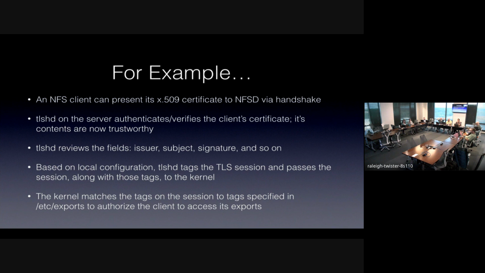They're cryptographically verified, so I can trust what's in the fields in the certificate. At that point TLS HD can walk through the fields, look at the subject field, the issuer field, the signature field, and trust that the text in those fields is something it can base authorization decisions on.